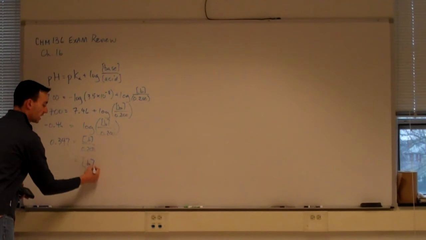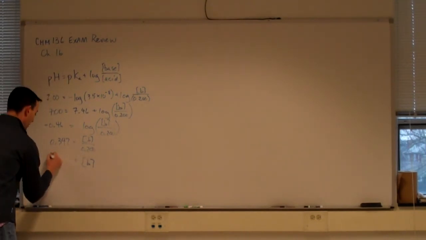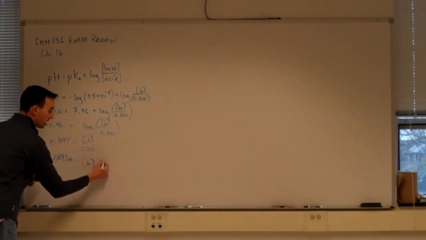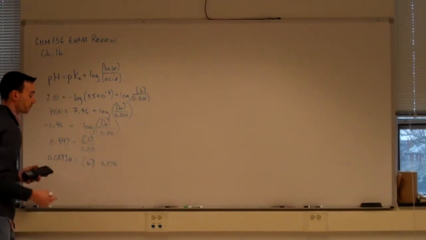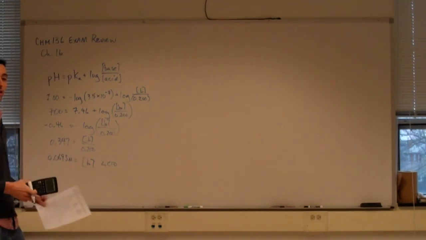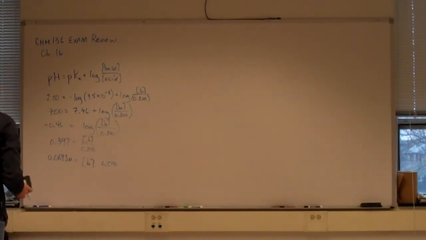So our base's concentration will simply be 0.0693 molar. And that's our lithium hypochlorite. Now, to go to the mass, we need to know how much solution we're preparing, the volume, 0.1 liters.